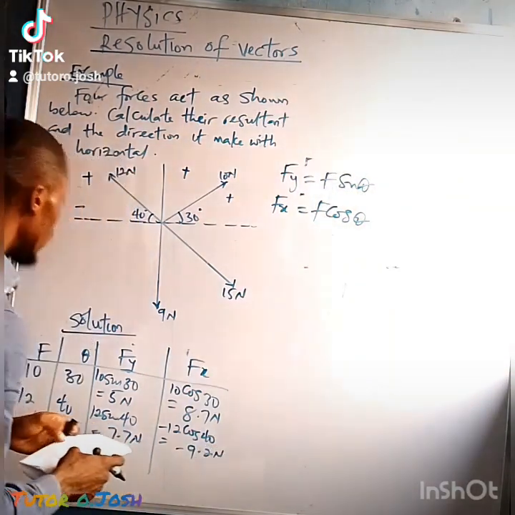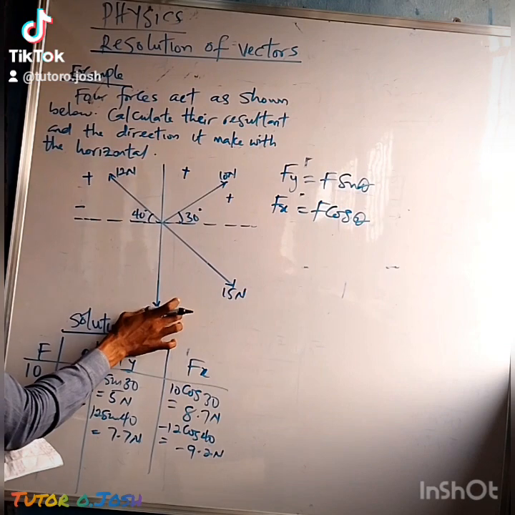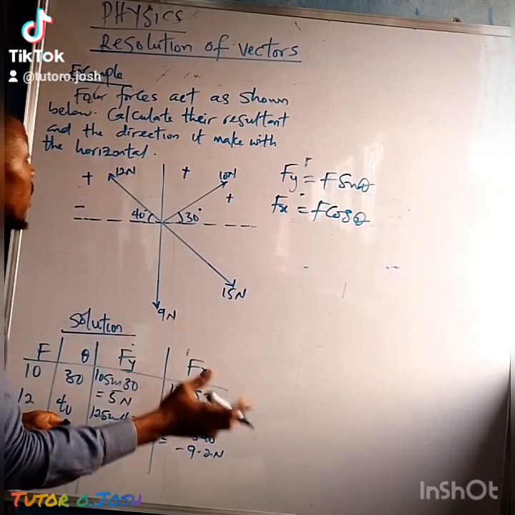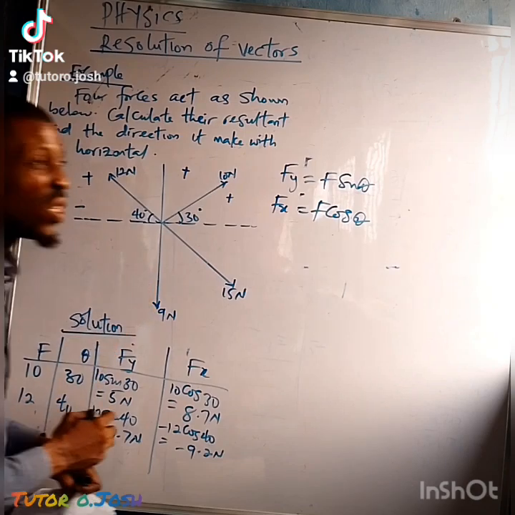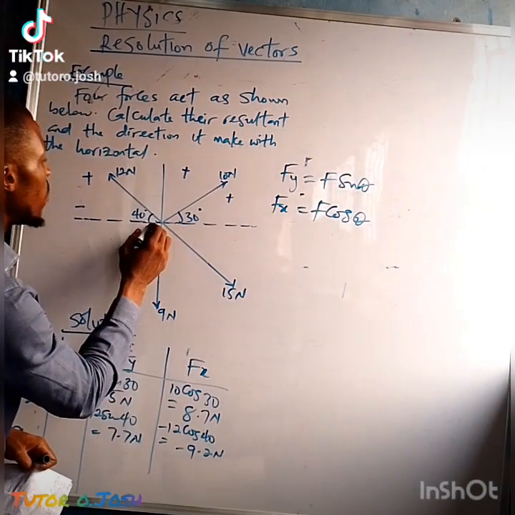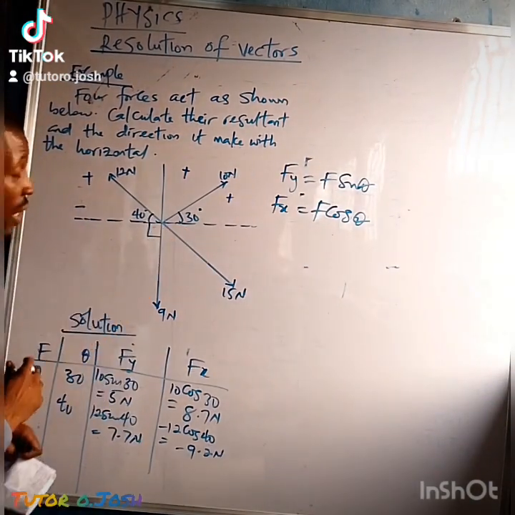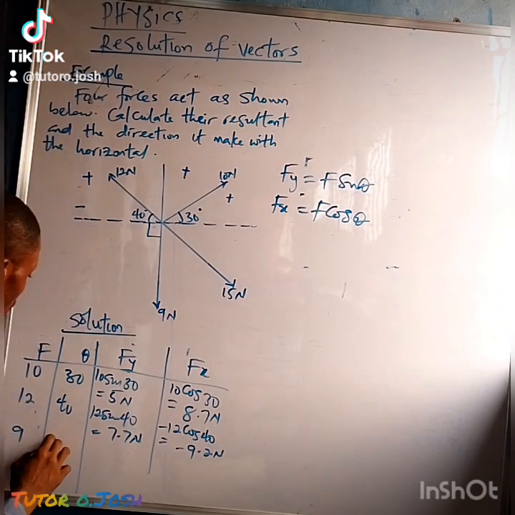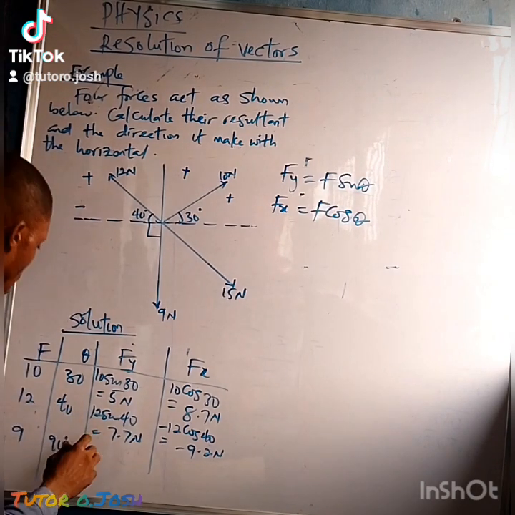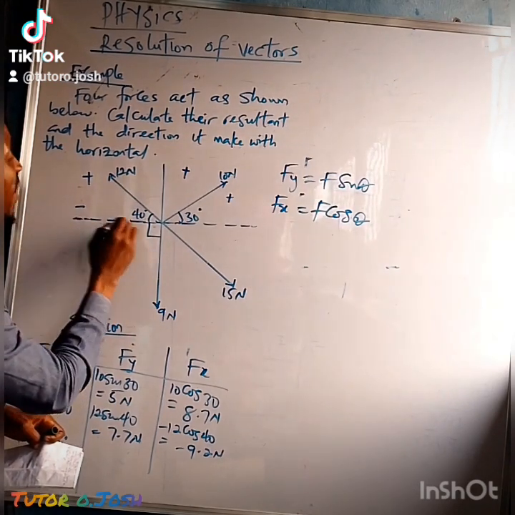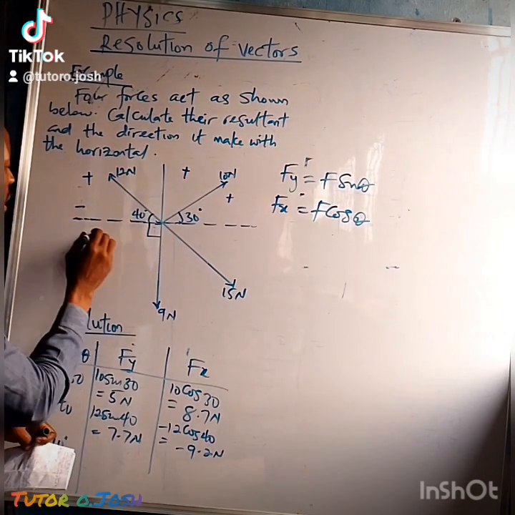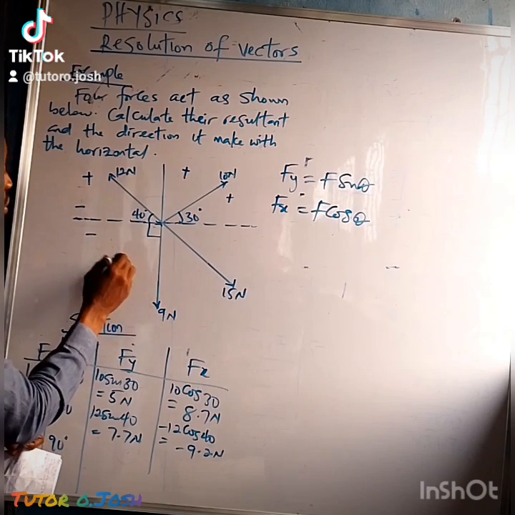And also we have this 9 Newton. Here we put 9 Newton. Then the angle it makes with the horizontal, this angle here, that's 90 degrees. And here, do not forget, the horizontal component is negative and the vertical component is also negative.